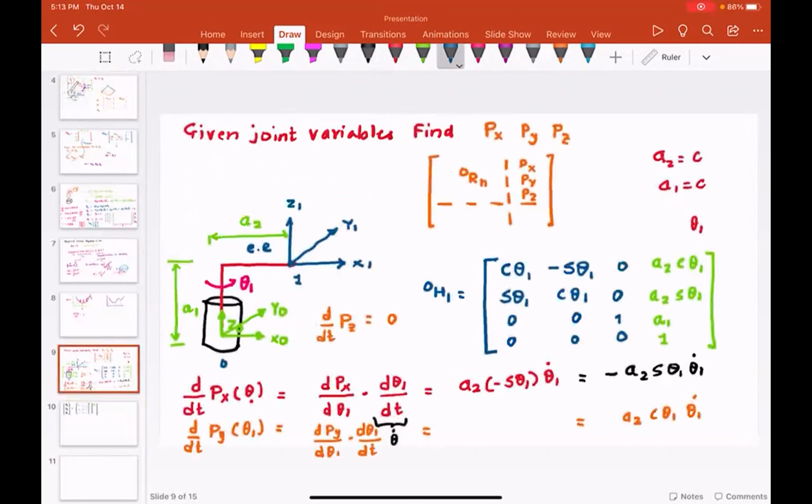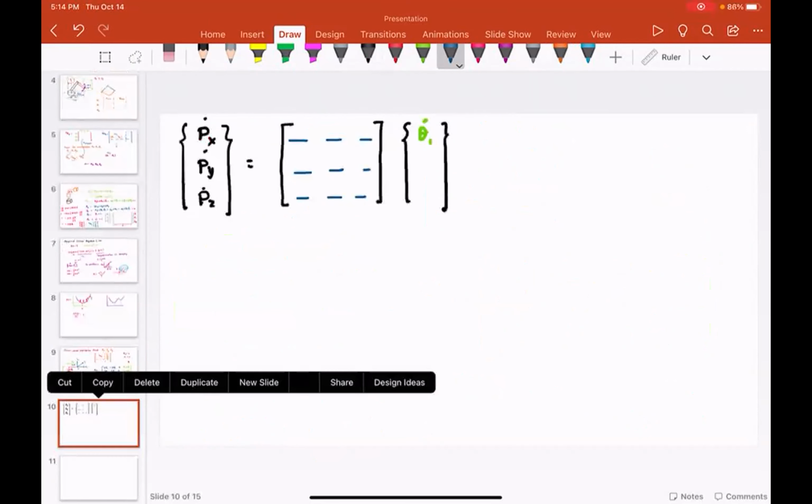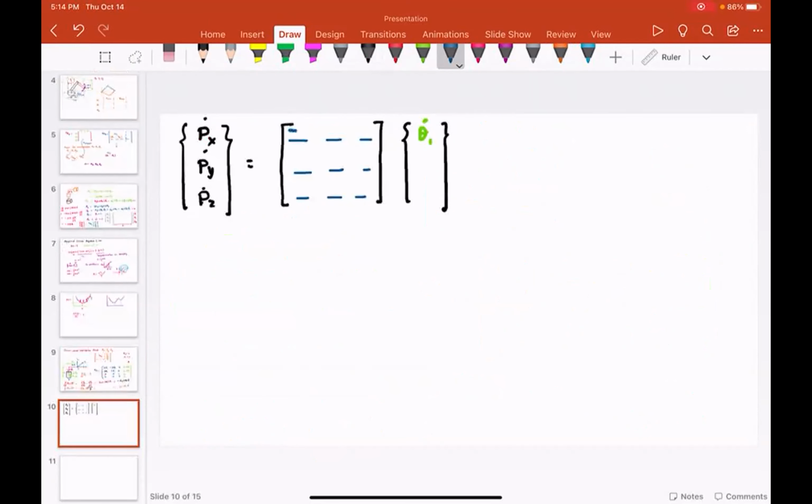I should write minus A2 sine theta 1, so minus A2 sine theta 1. Then what should I write? Let me spread this out a little, because this concept is very important.